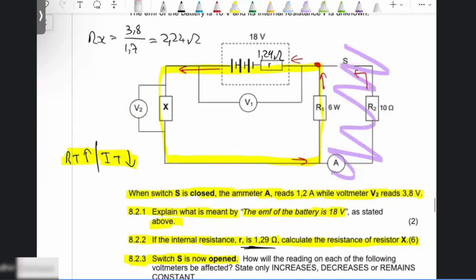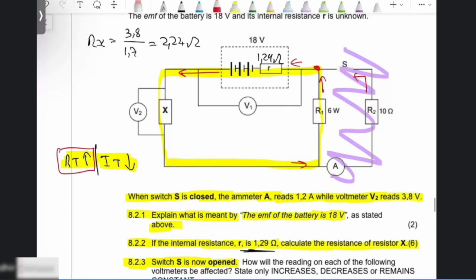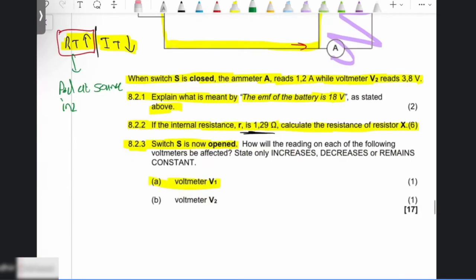Remember our total resistance is increasing. Which means that our potential difference at source should also increase, right? Because that's what V1 is. V1 is potential difference at source.